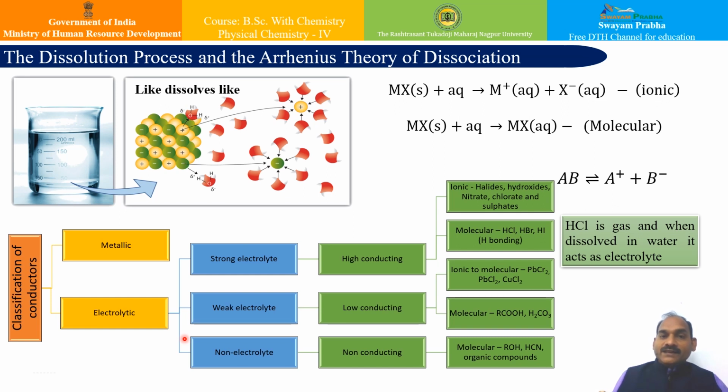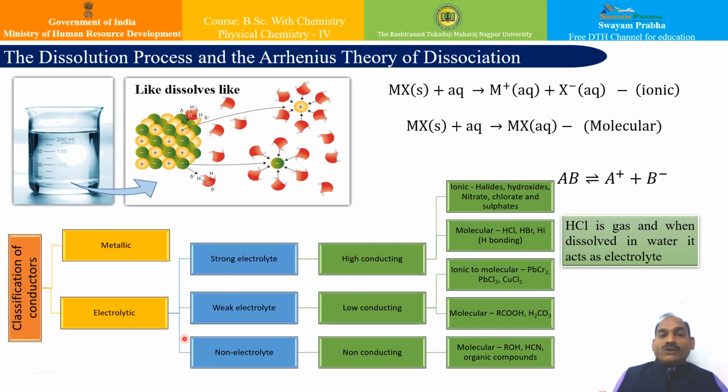Now, such behavior is based on solvents, because whenever a solute goes into a solvent, it depends on the solvent. One solute may be soluble in one solvent but not in another, and therefore the highly conducting, low conducting or non-conducting behavior is based on the solvents. Apart from this, there is another classification based on the characteristic of the solute, and not on the solvent. We have true electrolytes and potential electrolytes.